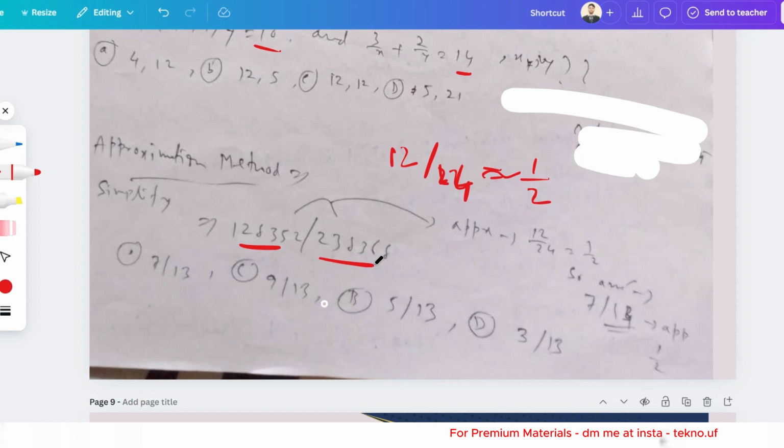Okay, so the options have 7 by 13, 9 by 13, 5 by 13, 3 by 13. If we calculate all these, in which case we'll get the result equal to almost 1 by 2? So 3 by 13, it is almost 1 by 4.